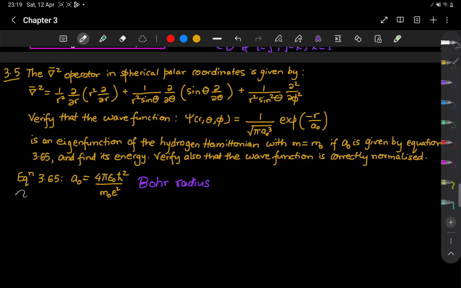Now for hydrogen atom, we know that the atomic number Z is equal to 1. And the Hamiltonian for any hydrogen-like atom, not just hydrogen but hydrogen-like atom, which means single electron, is given as follows.